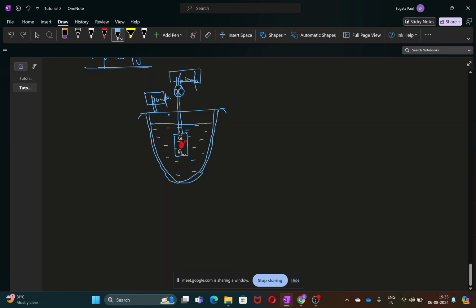The most crucial part of this system is that on both sides there should be powerful magnets placed. Let me draw it in this shape.